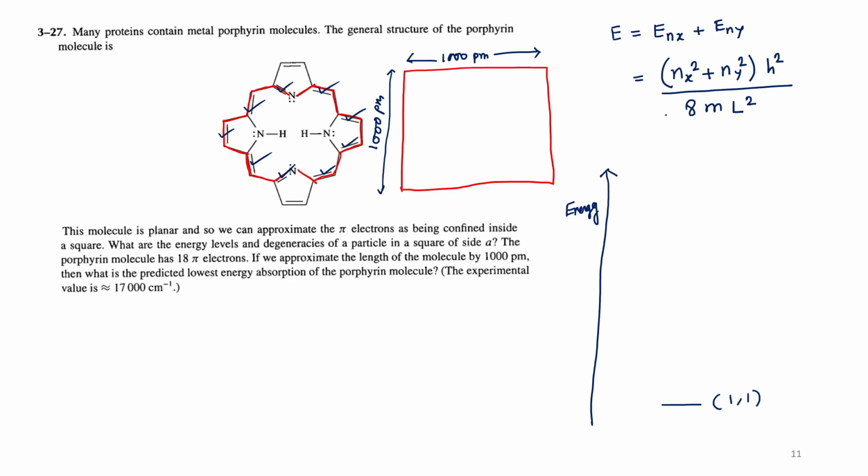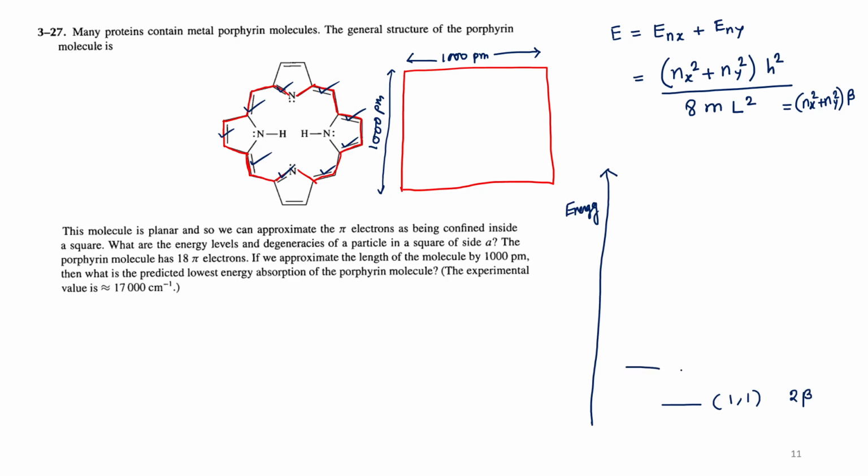So let me take this as a constant, h square by 8 m L square. So can I say that it is (nx square plus ny square) beta? I am defining beta as h square by 8 m L square so that we can write the energies quickly. So the energy would be 2 beta for this state.